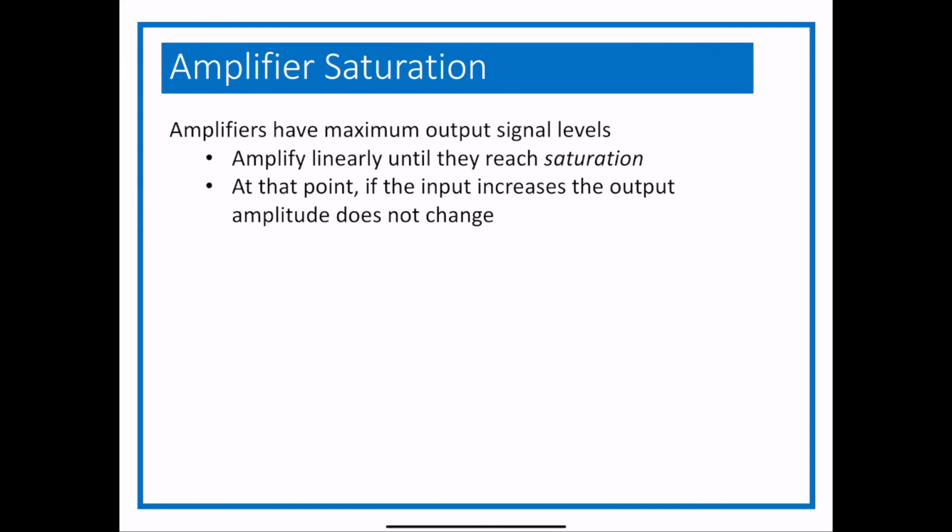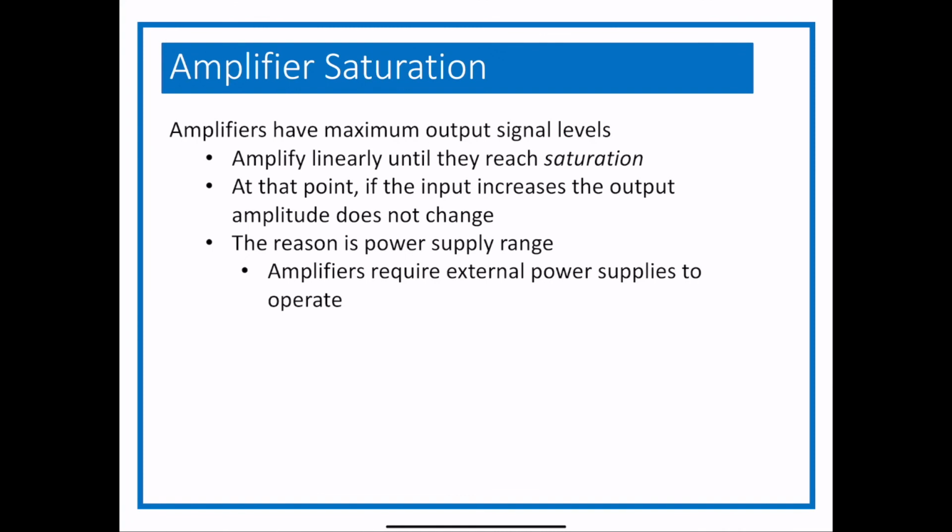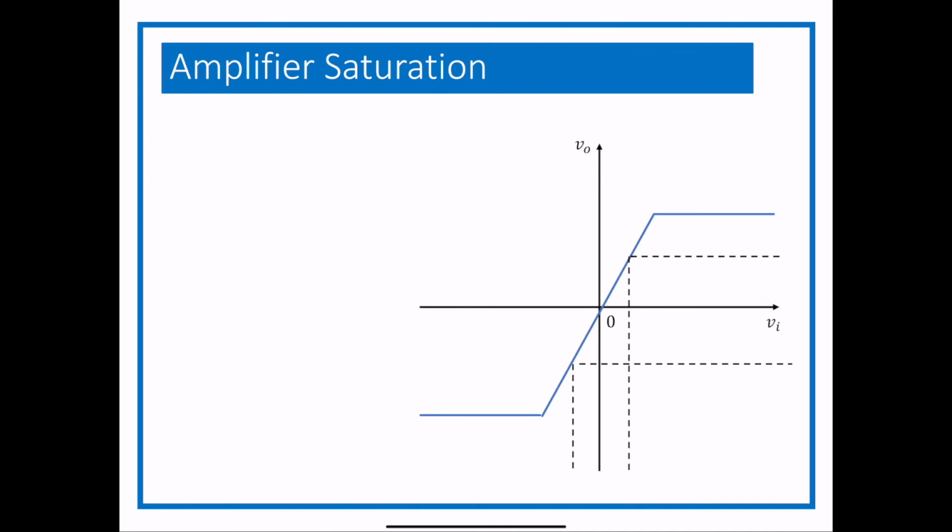The reason for this is the range of the power supply that's running the system. All amplifiers have certain power characteristics. They need an external power supply to operate, and that produces a limitation in how the circuit will process the signal. So if we look at the transfer characteristics for a typical amplifier, this is a linear amplifier.